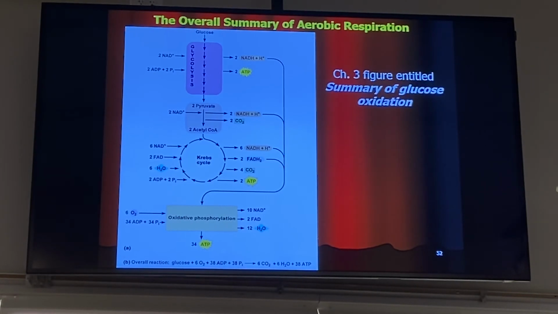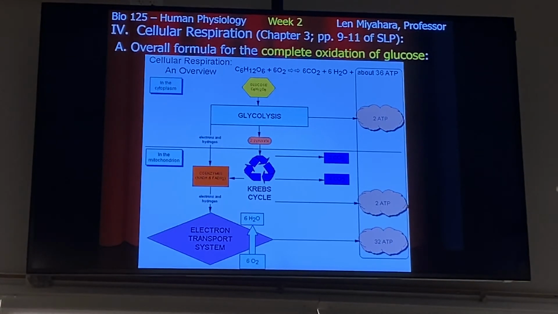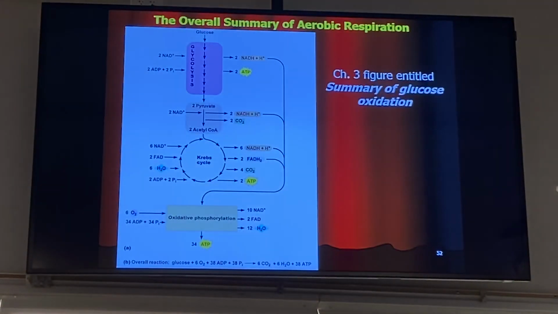In fact, if you look at your textbook, they don't even call this the electron transport system. They actually call it oxidative phosphorylation. Everybody got it now? Just compare this figure from this slide, very bottom, to this figure at the very bottom. It is oxidative phosphorylation.